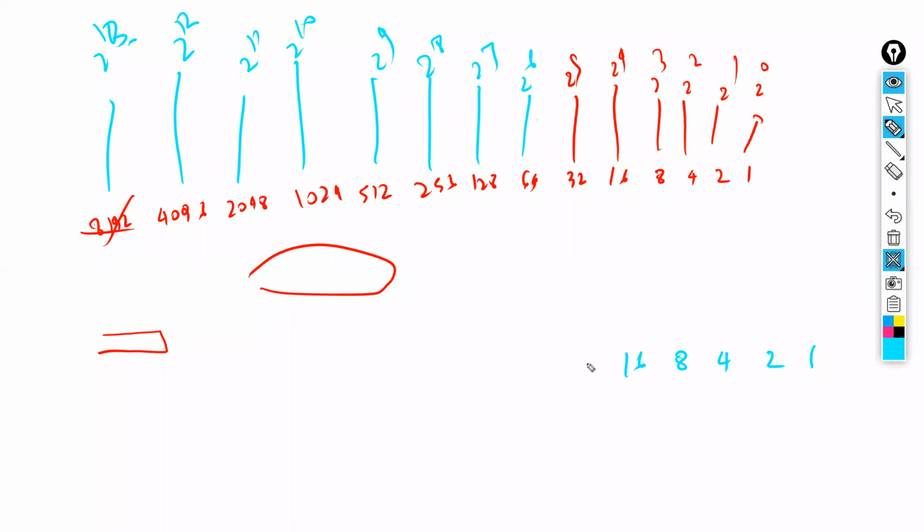Very simple. 16, 32, 64, 128, 256, 512, 1024, 2048, 4096, 8192. I think this should be correct, no?